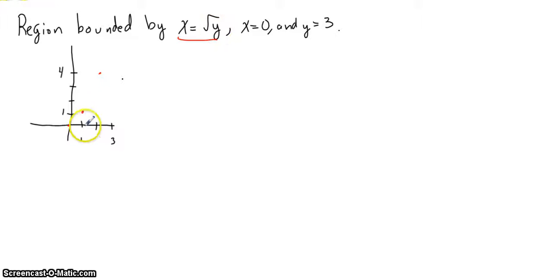Just plugging in, since x is in terms of y. x equals 0 is the y-axis, and y equals 3 is the horizontal line. So there's the region.